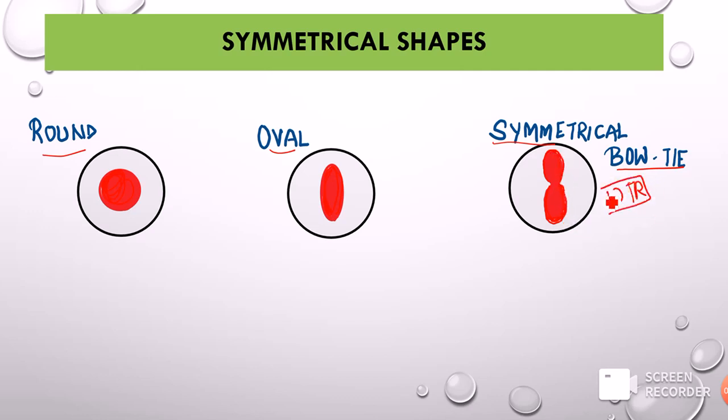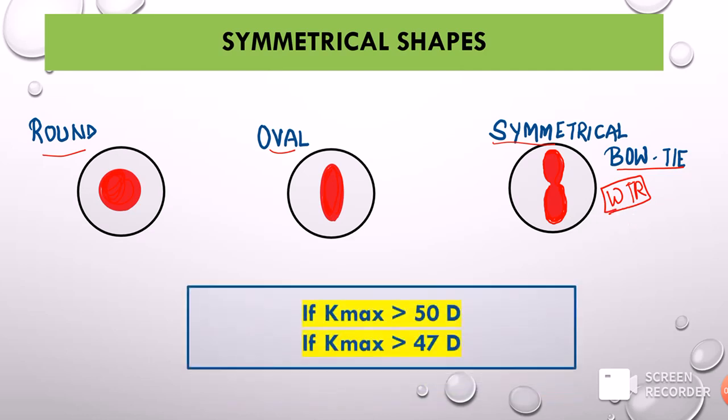However, this is all normal when the Kmax value, that is the maximum keratometry value, is less than 47. Whenever your Kmax becomes 47 diopters with these shapes, it indicates a moderate risk of ectasia in these people.